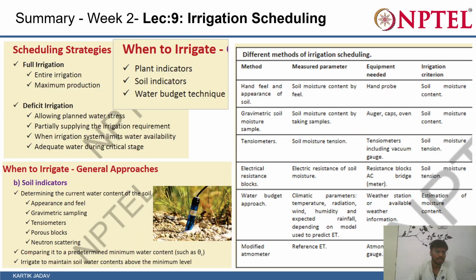Next to that, we have talked about irrigation scheduling, like what kind of technique we can consider. So either we can apply full irrigation, or we can use the deficit irrigation method. So full irrigation we apply where we have lots of water, like in the Indo-Gangetic region where we have lots of groundwater and surface water.